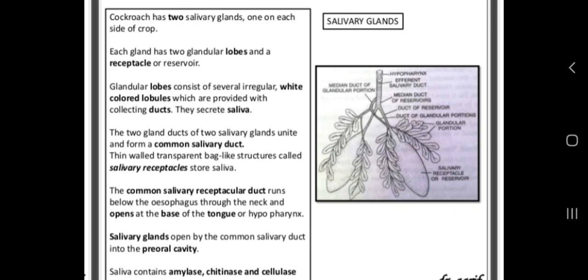The two gland ducts of the two salivary glands unite and form a common salivary duct. A thin-walled, transparent bag-like structure is called the salivary receptacle.